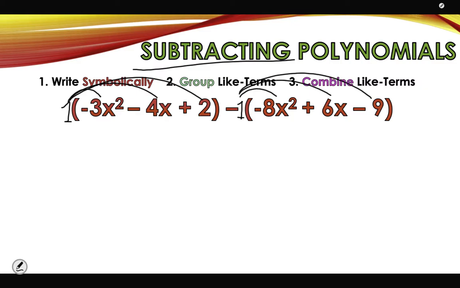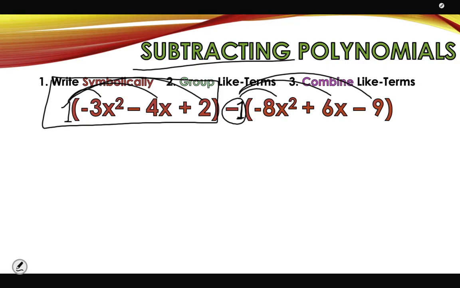And the reason why I made such a big deal about that is because this is the biggest difference between adding and subtracting polynomials. Because when you distribute this 1 right here, you are not just distributing 1, you are distributing -1. Which means, let's look at the easy part first. So let's do this polynomial over here.